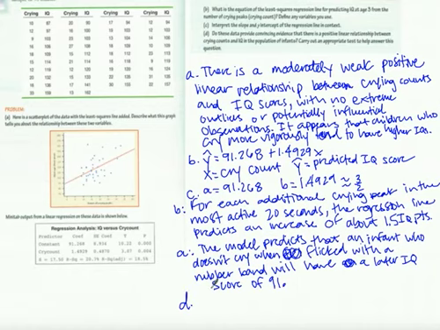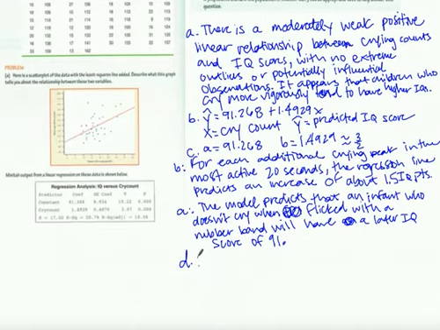D says, do these data provide convincing evidence that there is a positive linear relationship between crying counts and IQ in the population of infants? Carry out an appropriate test to help answer this question. All right, so we will want to perform a test of the null hypothesis.